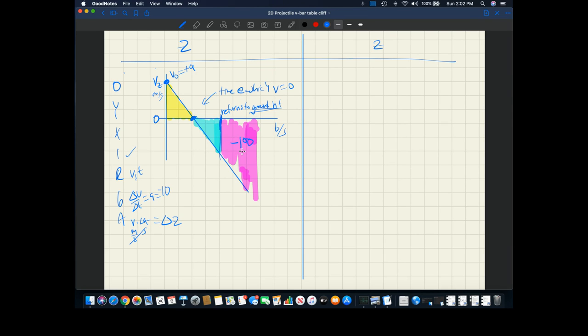Our ZT graph, so Z and T, and the Z is in meters, and the time is in seconds, and we always OI Zerga this thing.